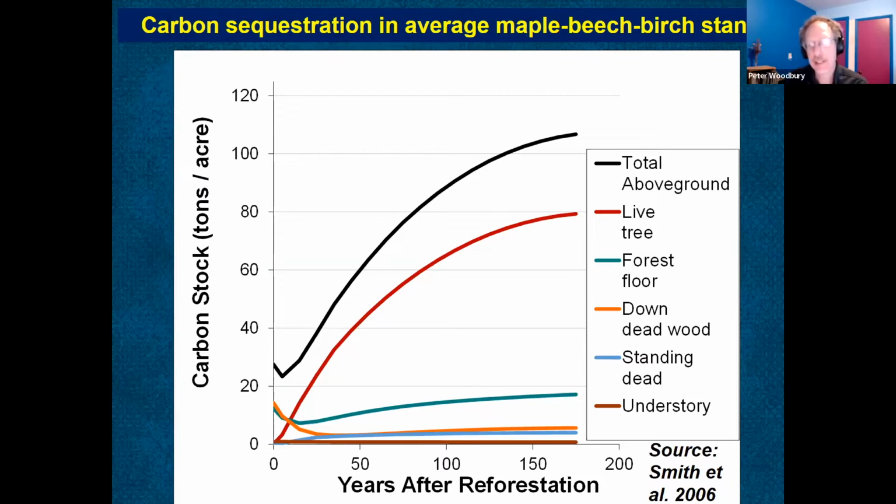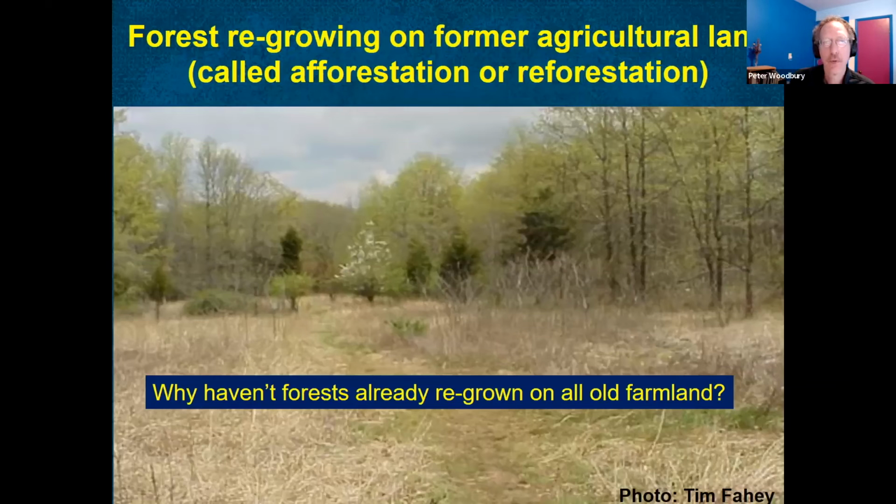The red line is the next one to the top, and that's the live trees. Again, just showing that most of the carbon in the forest that's growing is in the live trees themselves. And here's a picture of what this may look like, with some young trees growing in a former agricultural field or pasture.